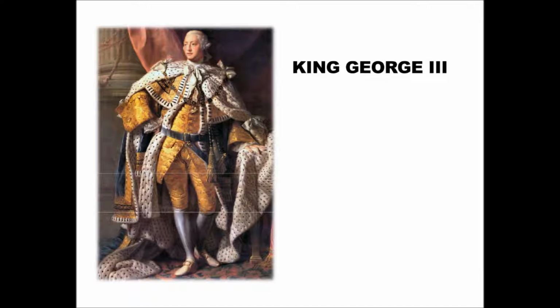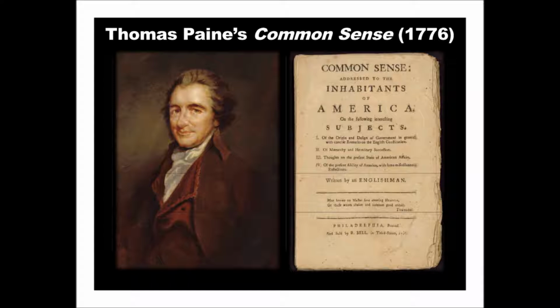Now, with the confidence of success on the battlefield for the Americans, a most influential pamphlet began to circulate around the American colonies in January 1776. That is Thomas Paine's Common Sense.